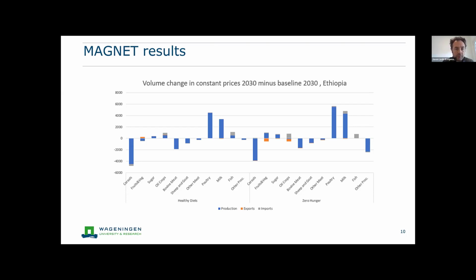So the imports are small to begin with. But again, this is just to show that this is really domestic capacity, and this is primary agricultural products, but also processed foods. So this is cattle, but also cattle meat, for example, together in one. This is this milk category, but it's milk and dairy.